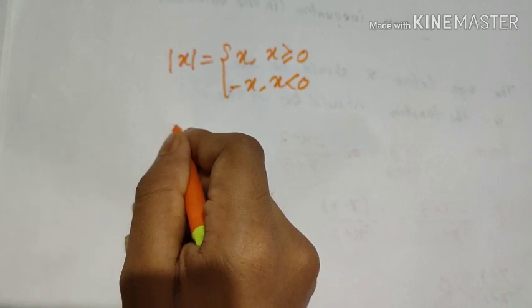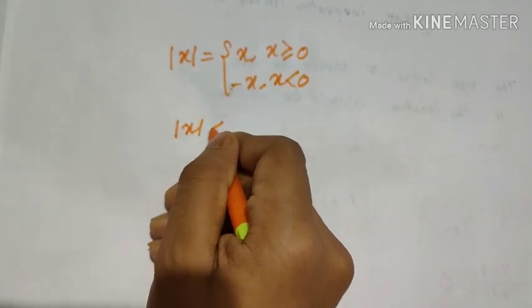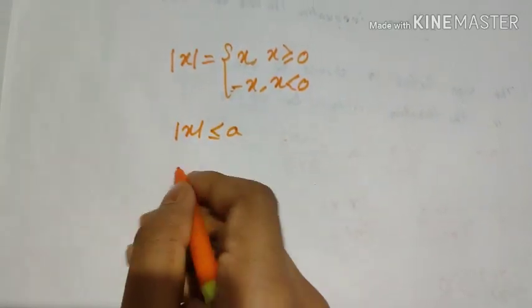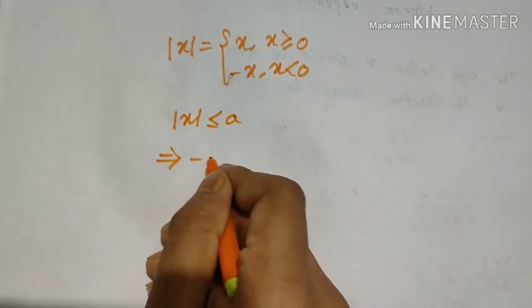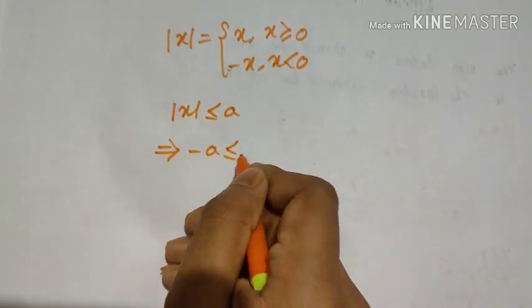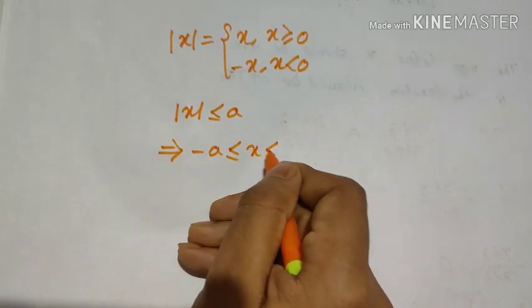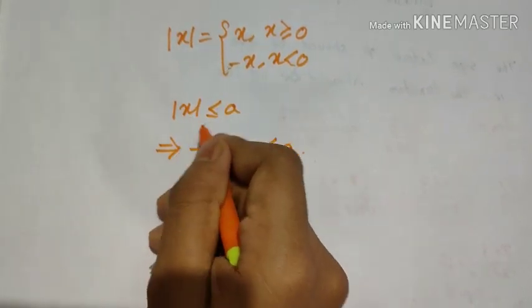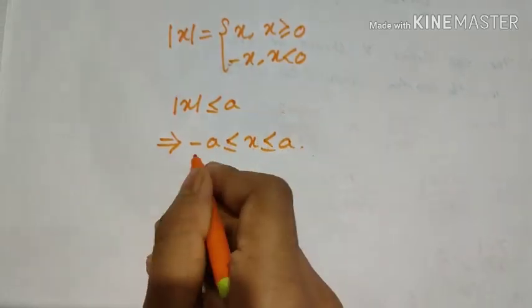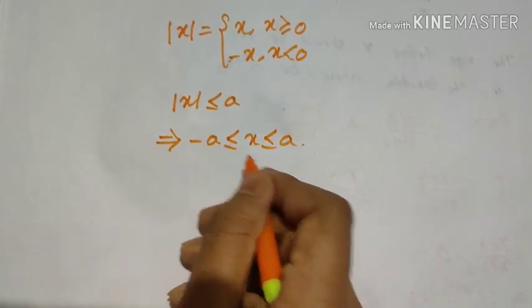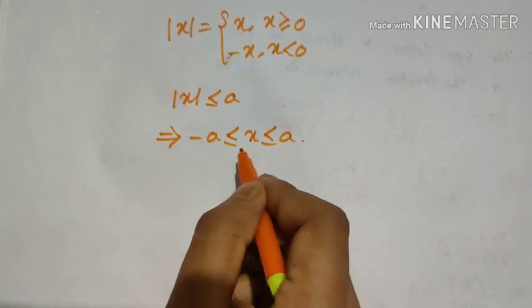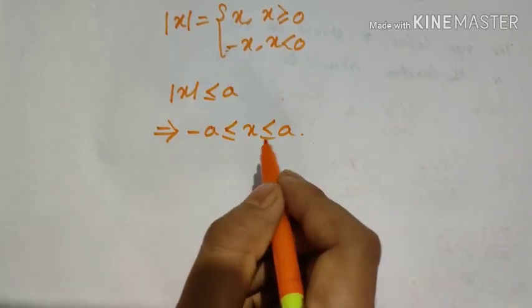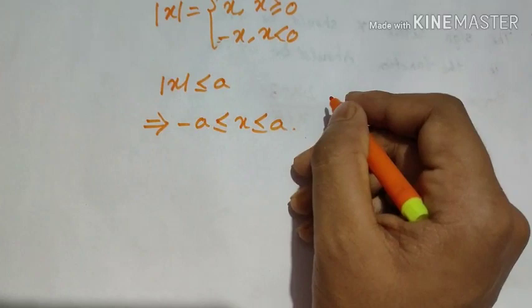Let us assume such a function is given, mod x less than or equal to a. This implies -a less than or equal to x less than or equal to a. If it is given mod x less than a, then this implies -a less than x less than a. If less than or equal to, then these are the functions which will form.